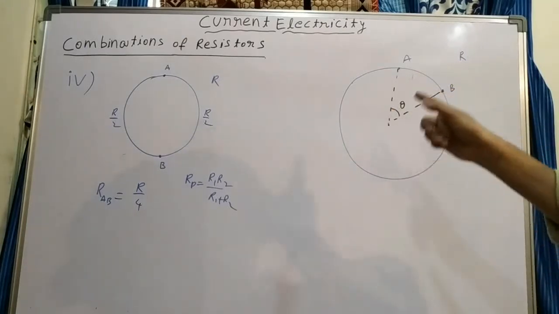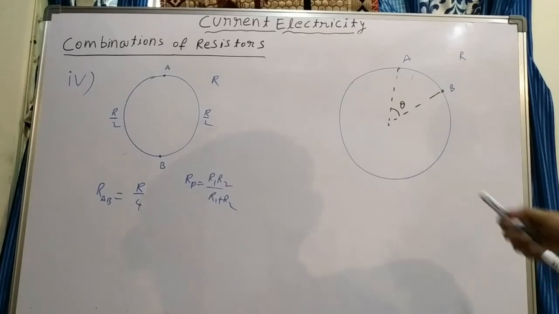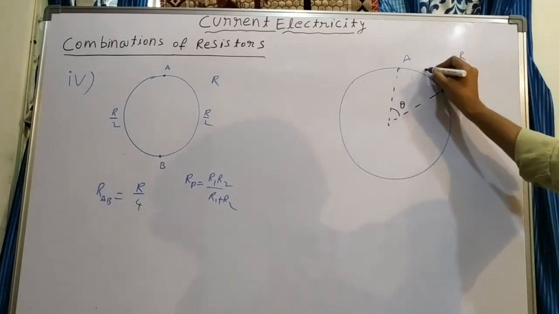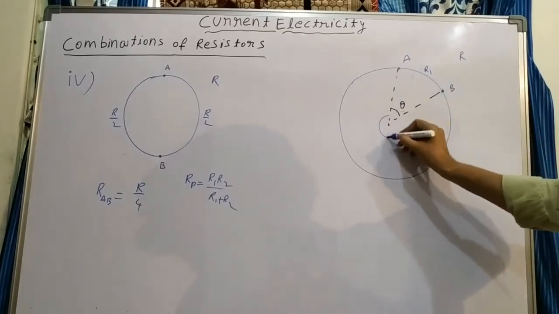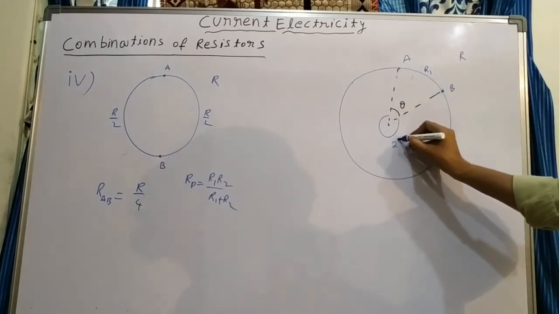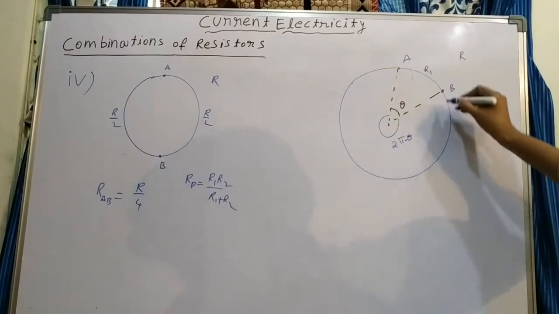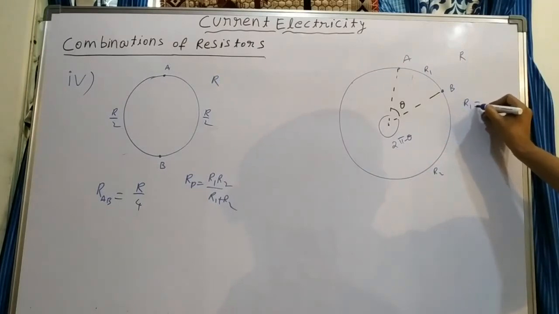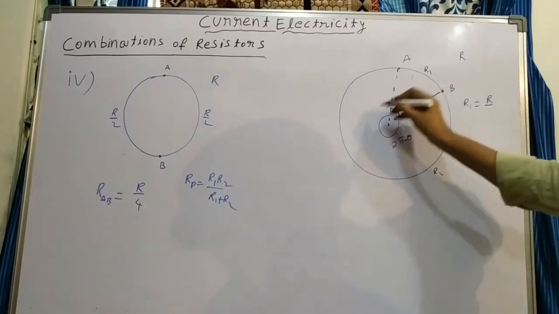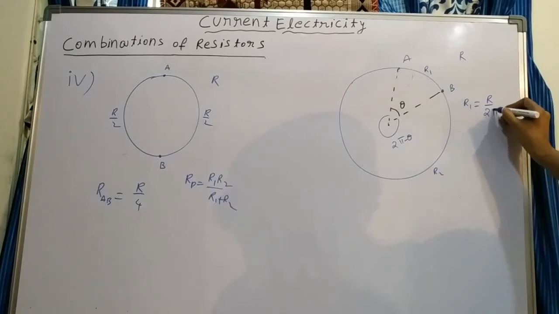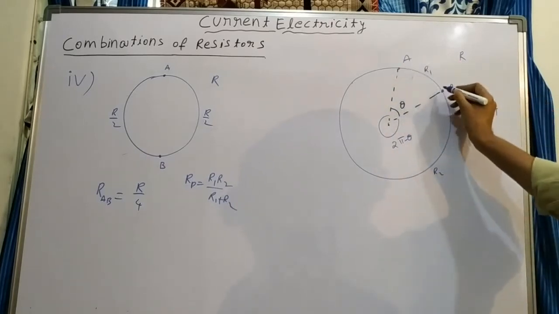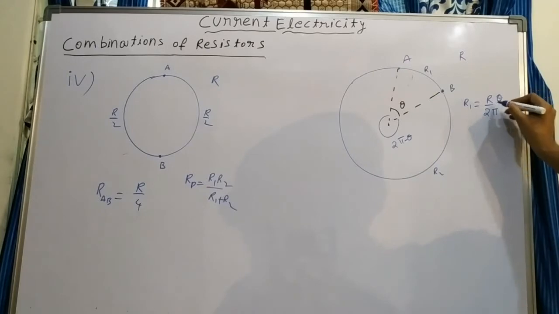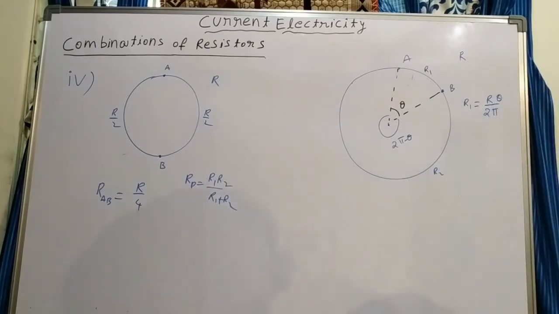What is the angle at the center? 2 pi radians. For 2 pi radians the resistance is R, so for only theta radians how much? We take this part as R1, and for this part, the angle is 2 pi minus theta, and this wire resistance is R2. How do we get R1? R1 is the total resistance R by the total angle 2 pi, into the angle made by this part of the wire at the center, theta. Because as theta increases, the length of the wire increases. Length increases, resistance also increases.